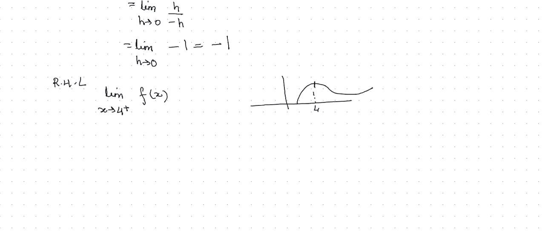So x is somewhere here, 4 plus means after 4, at a small distance h. So x is equal to 4 plus h, and this x is here. So 4 plus h in this case.